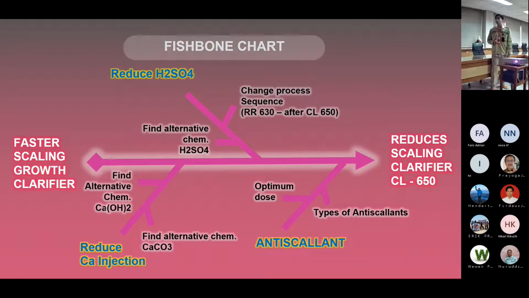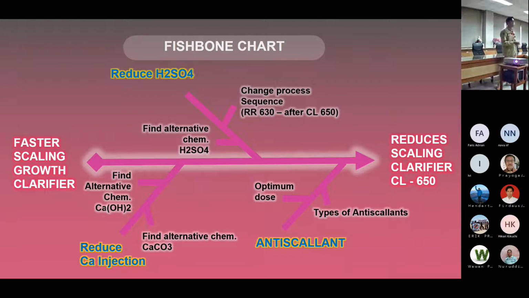And the second possible method is by reducing the sulfuric acid. We do know the contents of scale are calcium and sulfate, and the sulfate comes from the sulfuric acid. Sulfuric acid is being injected in the clarifier area to lower the pH level. So how do we do so? First, we may change the process sequence.